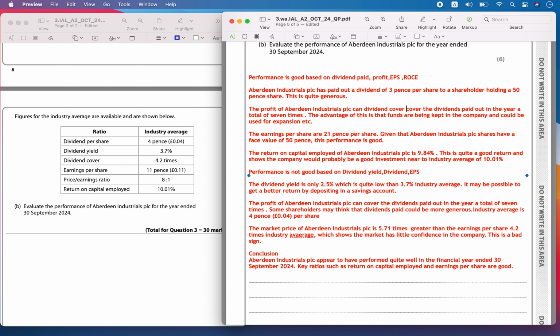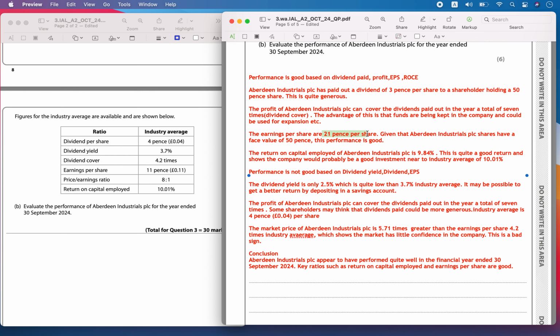So this was also very good, which means the company is able to pay out the dividends, and the rest you can use for expansion.